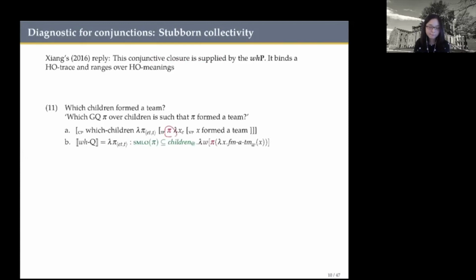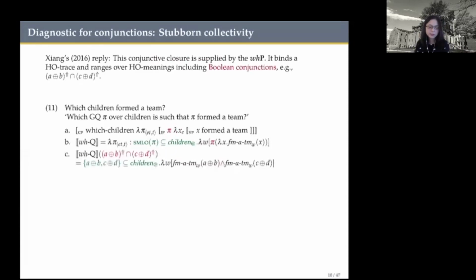And this LF gives a higher-order Q function, which is defined for generalized quantifiers that range over subsets of children. Applying this Q function to a Boolean conjunction, like the Boolean conjunction of multi-grouping AB and multi-grouping CD, we get exactly the conjunctive inference that we want.